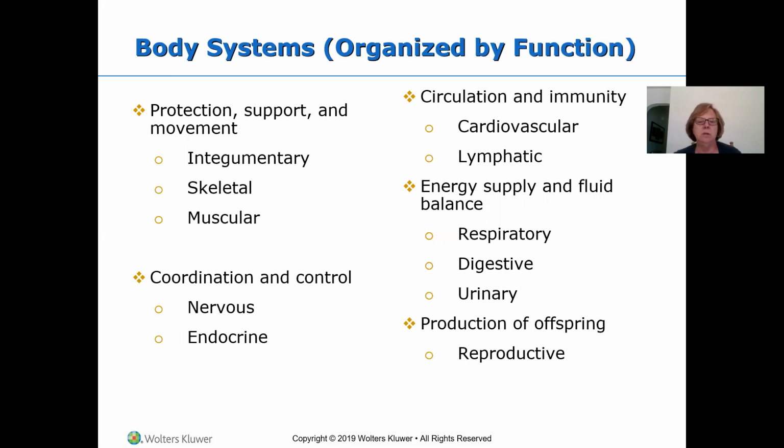So if you count those up, we have 3 under protection and support, 2 under coordination and control, which make up 5. For circulation and immunity, we have 2 more, which is 7. And then we have 3 for energy, which is 10, and then the reproductive for the production of offspring, which makes up the 11th system.